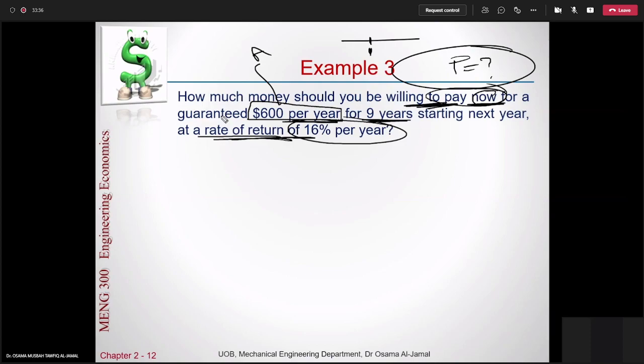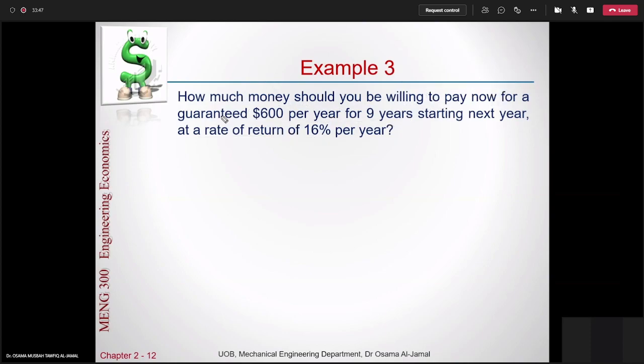Plot the cash flow diagram, CFD, before answering that question. Did the first step. And not to forget, when plotting the cash flow diagram, make sure to do it relatively.